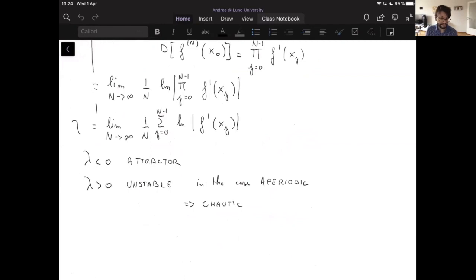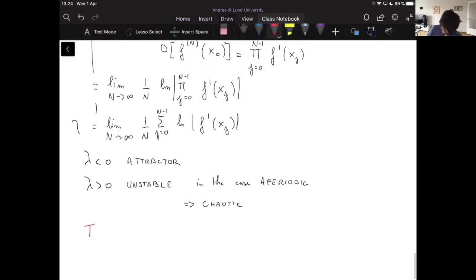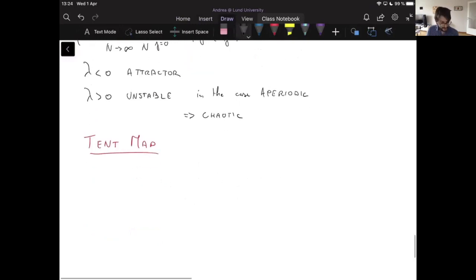Now, what we are left to study in the curriculum in this part is the tent map. So we established the logistic map, which is a very familiar and important example.